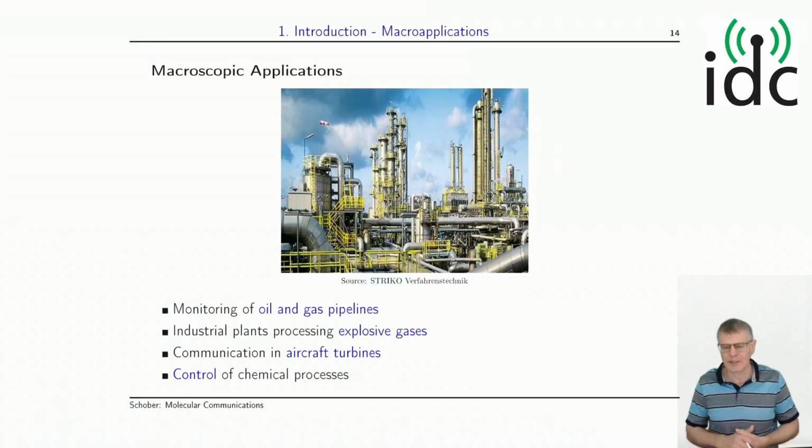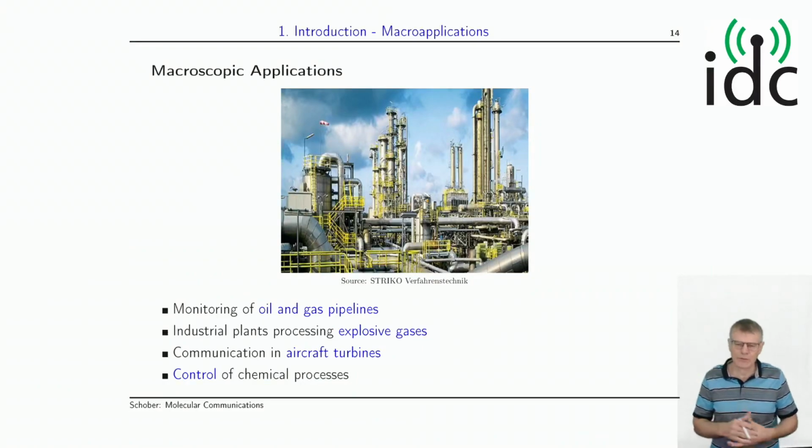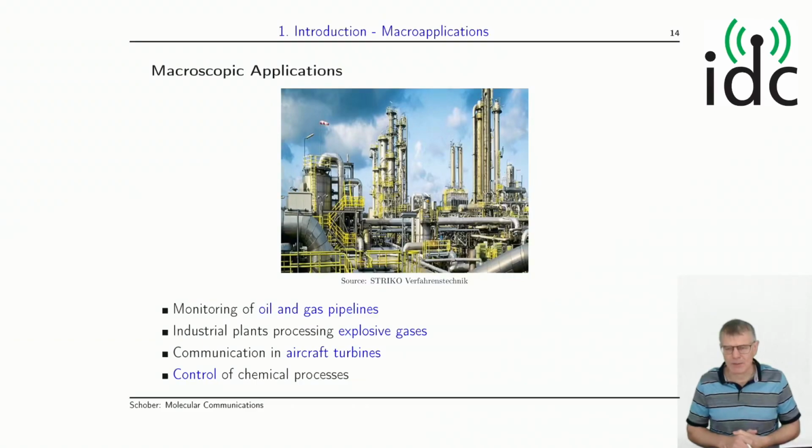So an example here would be monitoring of oil and gas pipelines, right, where you could do the monitoring inside the pipeline by adding some signaling molecules to the oil or to the gas that is traversing these pipelines anyways. Then in industrial plants where explosive gases are used, this might be useful, right? Because there you may not be able, or you may not be allowed to use electromagnetic waves for communications because of the explosiveness.